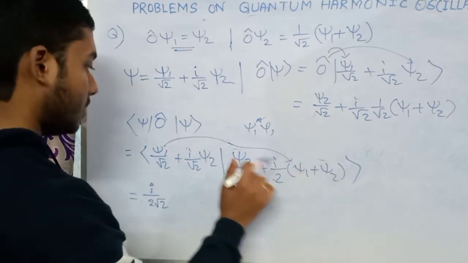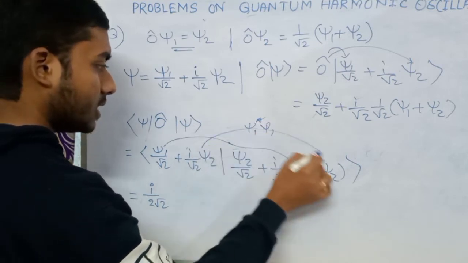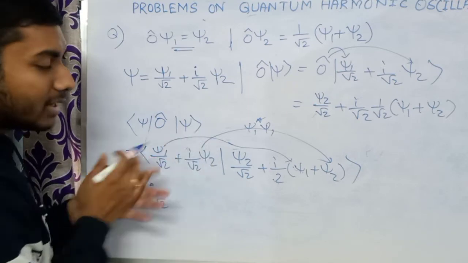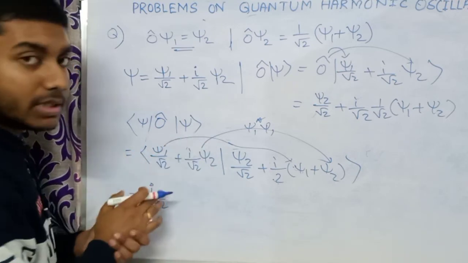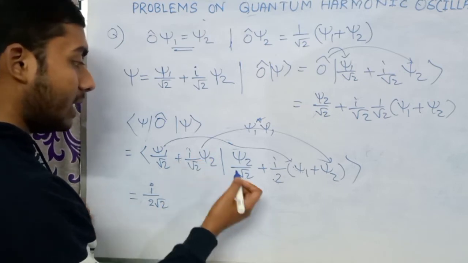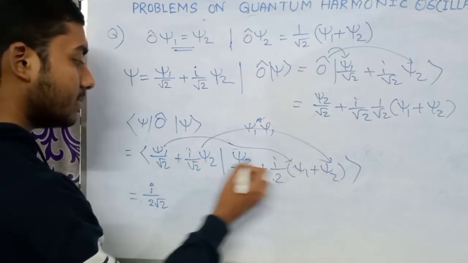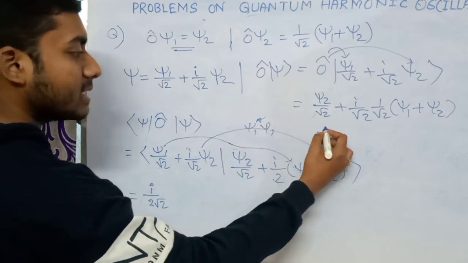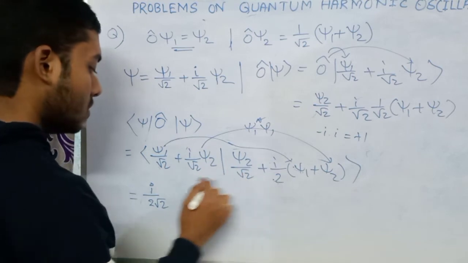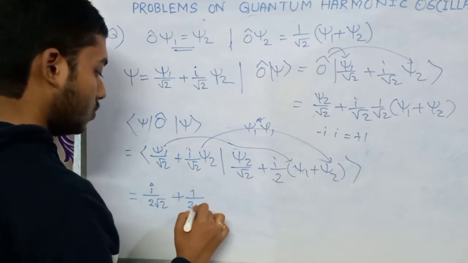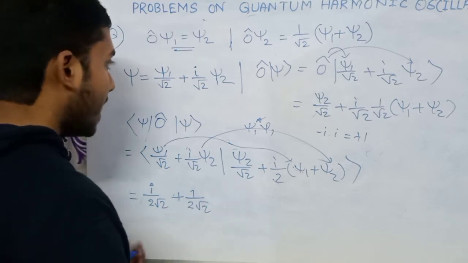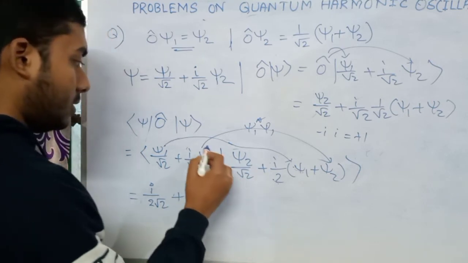Psi 2 into this, and here remember that when we complex conjugate this, there will be minus i, right? So this will be minus i by root 2 into this, that means minus i into i, that means minus i square, which means plus 1. So there will be 1 by 2 root 2 psi 2 star, that means 1.